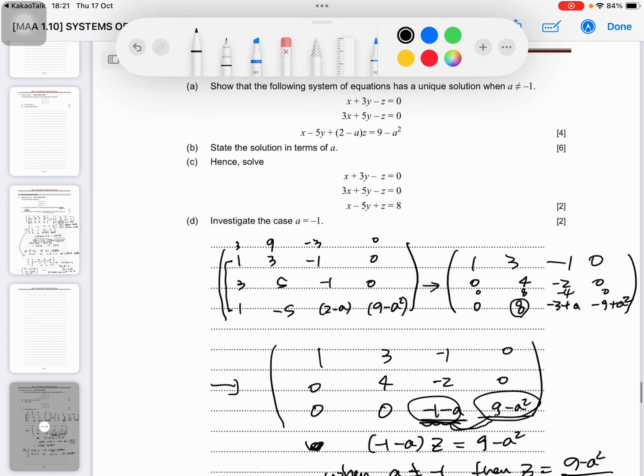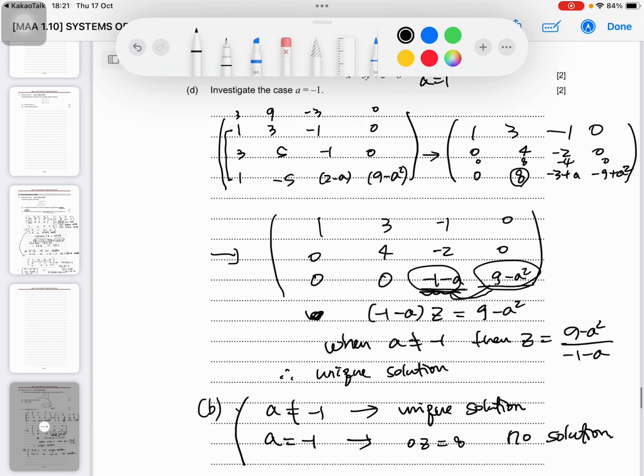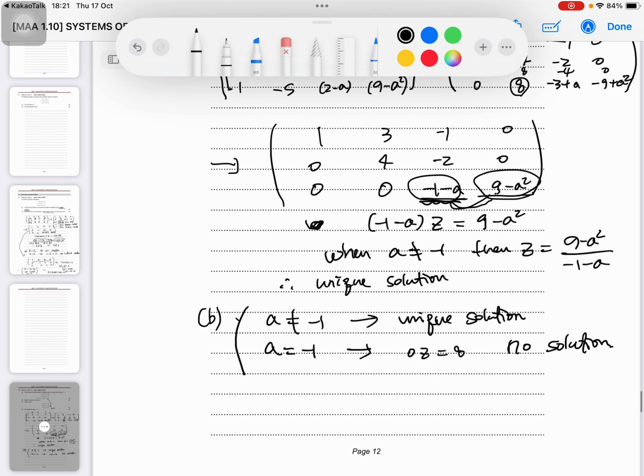So number C, hence solve. In this case, a equals 1. So let's go for it. When a equals 1, then z becomes -2 and 8, which is -4.